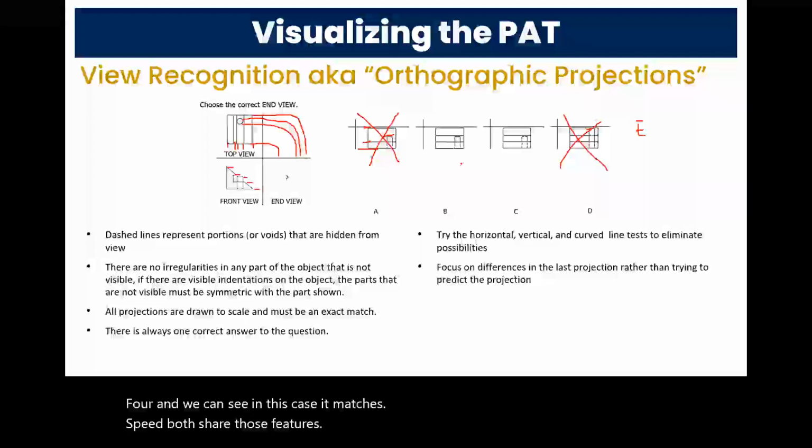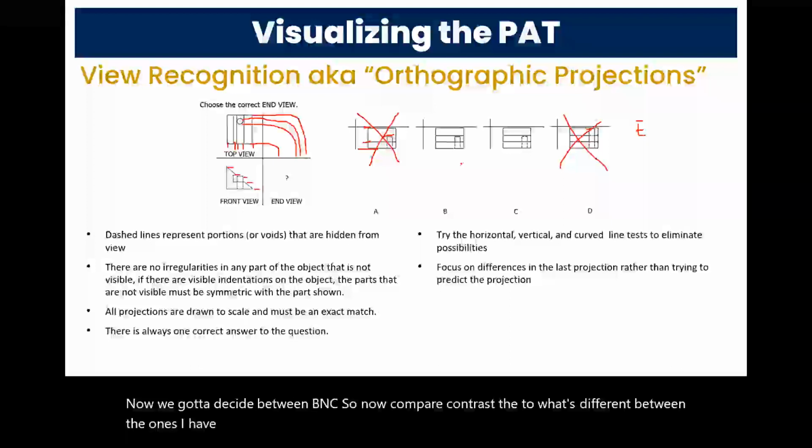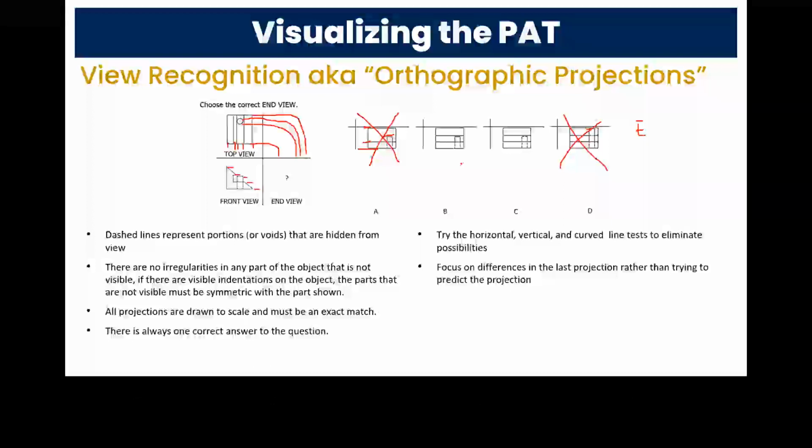Now we got to decide between B and C. So now compare, contrast the two. What's different between the ones I have left over? Whether or not you can see the cylinder.